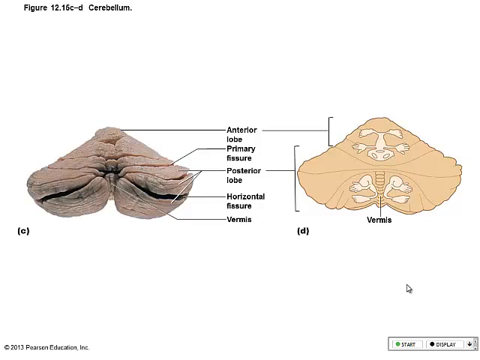Anterior is at the top, posterior is at the bottom. So the posterior cerebellum is going to control coordination of hands and feet, your extremities. The anterior cerebellum is going to control whole body. So it's going to have a hand in mostly central body regions, but it's also going to control a little bit of hand and leg function as well.